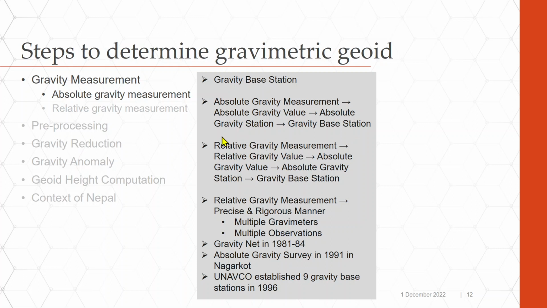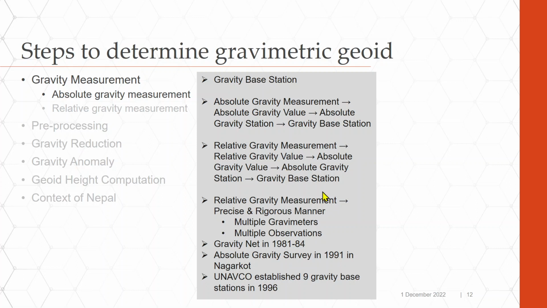Relative gravity measurement can also be used to establish a gravity base station. The output of relative gravity measurement is a relative gravity value. Such a gravity value is converted to an absolute gravity value, and such a station acts as an absolute gravity station and serves as a gravity base station for further gravity measurement.